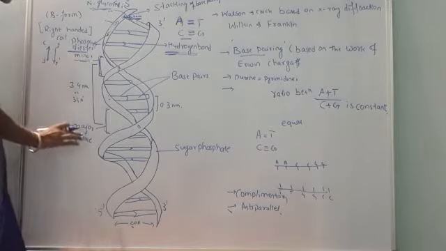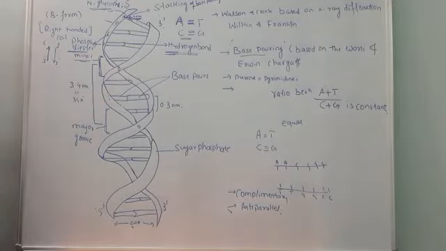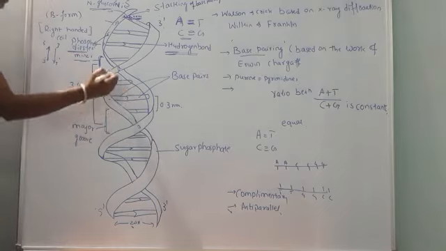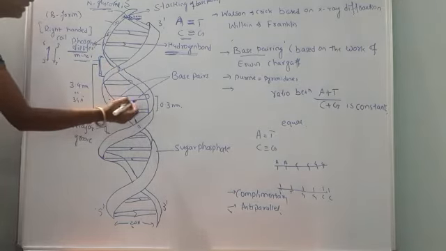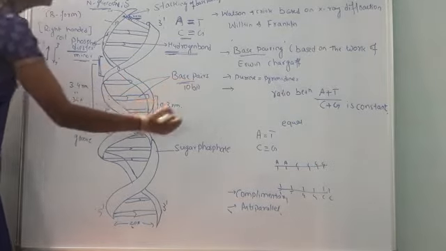After that, let us see what number of base pairs are present in each turn. Take for example, there is one turn, or one pitch. How many base pairs does it have?